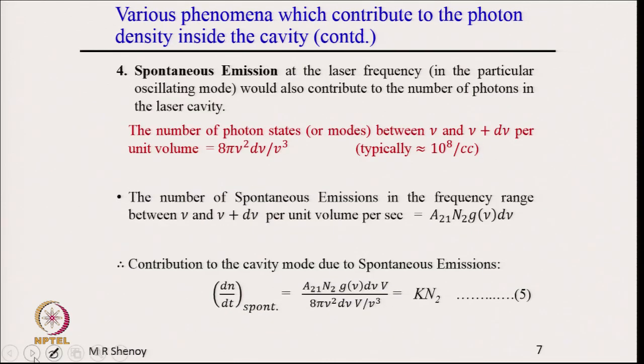Let us go further. Fourth component, spontaneous emission. Spontaneous emission at the laser frequency would also contribute to the number of photons in the laser cavity. We will discuss this in detail. Here I am plotting I of nu, or I of lambda, as a function of nu: the spontaneous emission intensity corresponding to the transition.